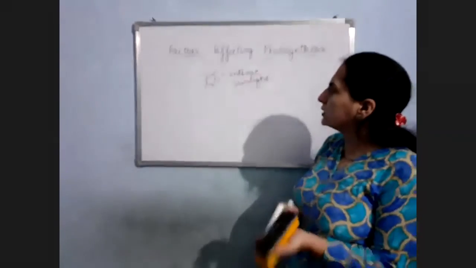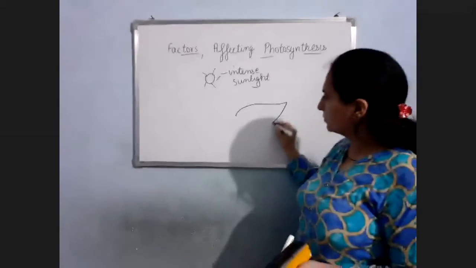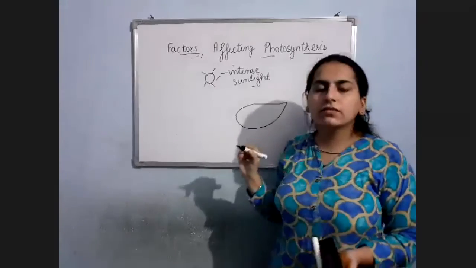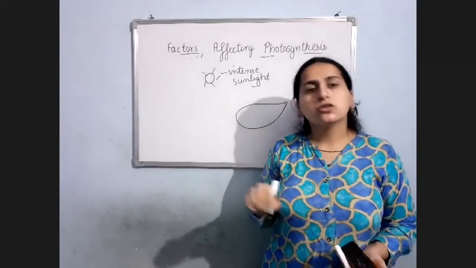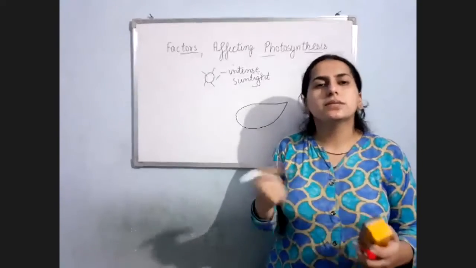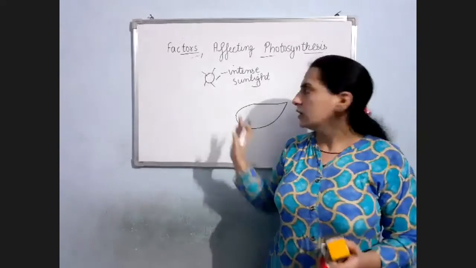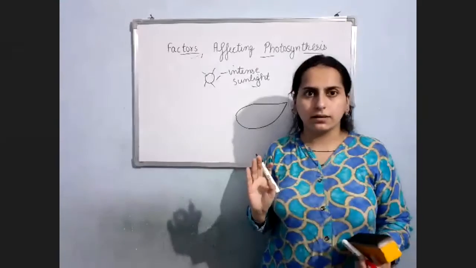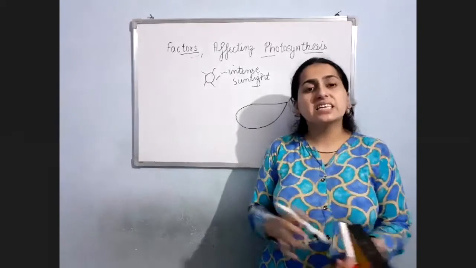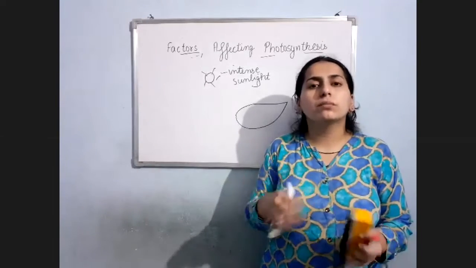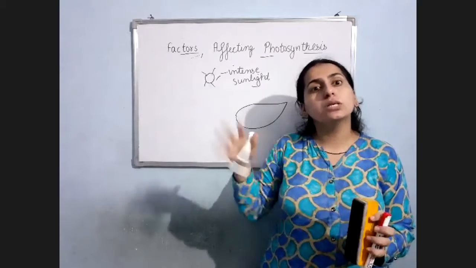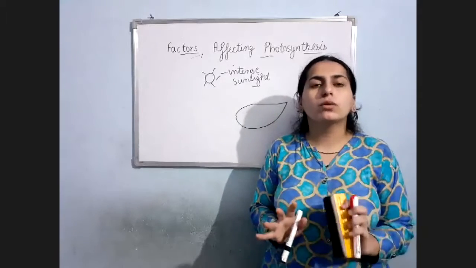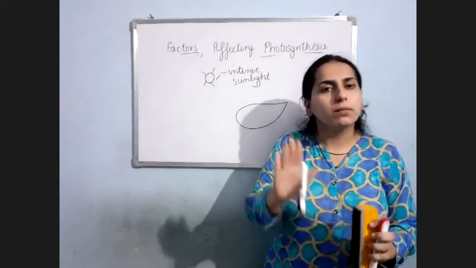Suppose here I'm having the leaves. In the leaves, you know, mesophyll cells are present. So they will rearrange themselves on the basis of the light. Suppose the light is intense. As the light is intense, they want to absorb the optimum value only. They do not want to absorb the whole sunlight. They just want to absorb the optimum value.